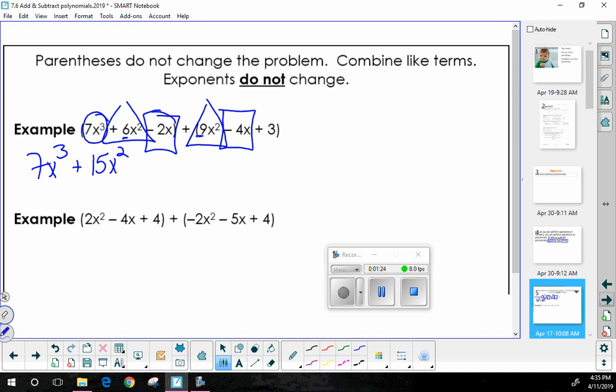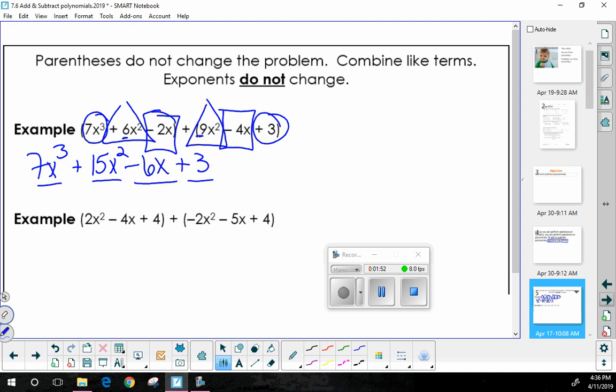So that's negative 2x minus 4x is minus 6x. And then I see there's no other constant, so that is a 3. So I've just added in all the like terms, and I've simplified that expression to 7x cubed plus 15x squared minus 6x plus 3.